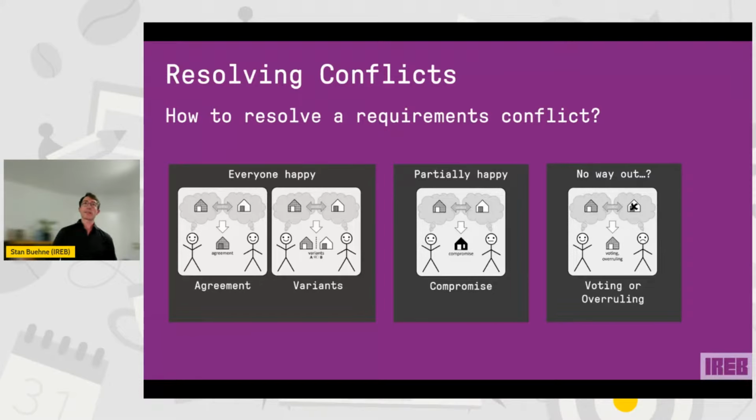And voting is, in my perspective, also a nice tool for creating a quite objective result at the end, because if everyone in the project, not only the two parties who have this conflict, is voting on a certain solution, we have an objective result, and we can create an agreement that's useful and usable for all the participants and all the stakeholders.